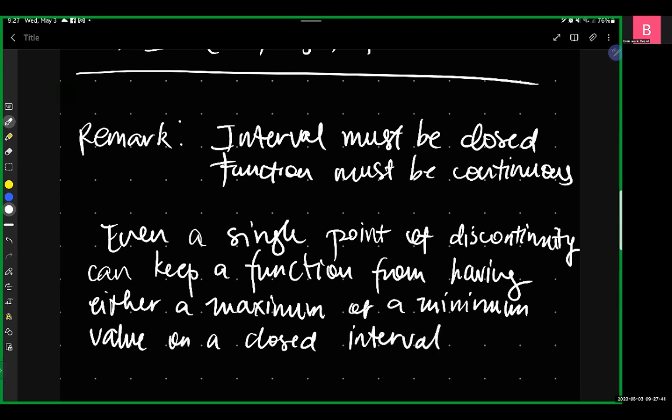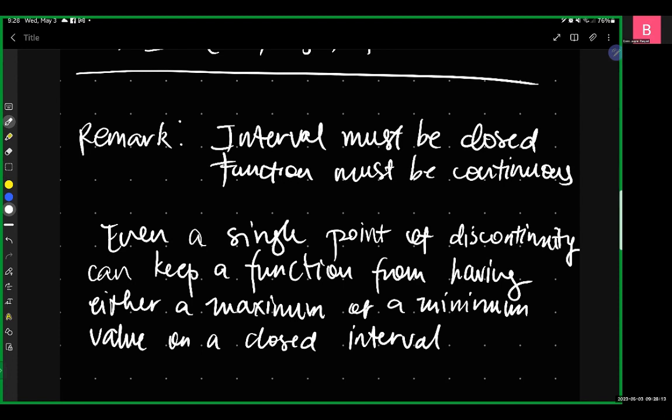So we have stated long ago, actually at the start of the class, that the Max Min theorem requires us to have a function that is continuous and a closed interval. Then when we have a point of discontinuity, these are the points that we have considered before, where the value of the function usually is not defined, or sometimes these points are cut off, so it is not in the function. That value is usually not defined.